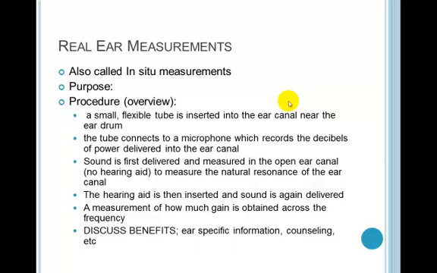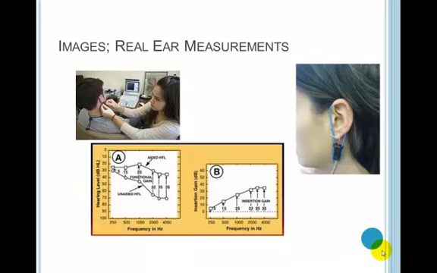This concept is harder for our patient to understand, and the readouts aren't all that exciting either. So you're looking at graphs that look like this, and it's difficult for the patient to really understand this.